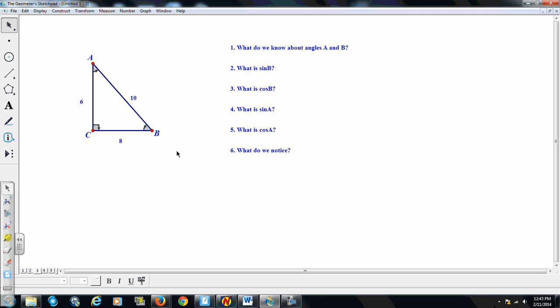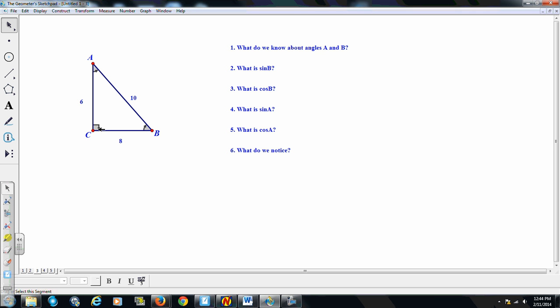Well, the thing about right triangles is that we know that 90 degrees of that 180 is sitting in one angle. So here we have a right triangle ABC. Our right angle is at angle C. So I know that I have 90 more degrees that have to be taken up in order for this to be a triangle.